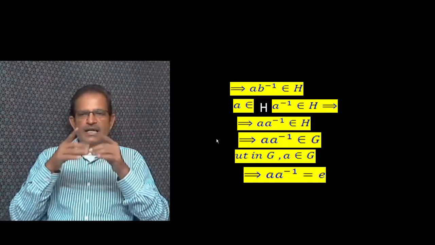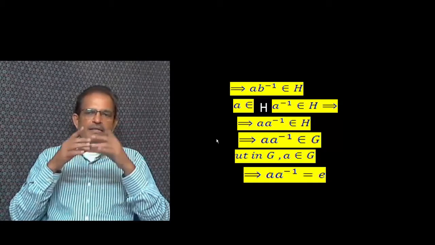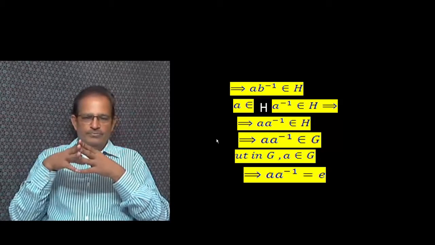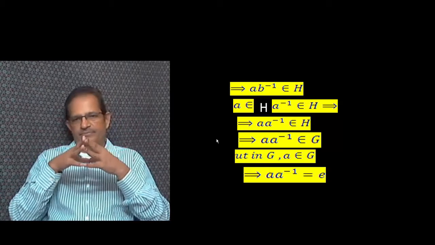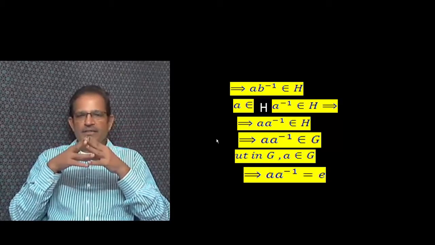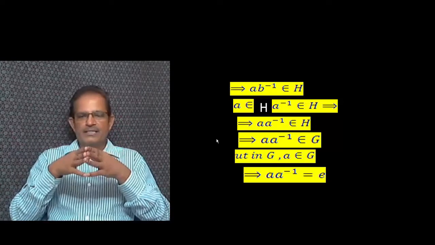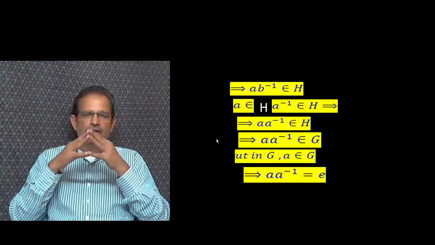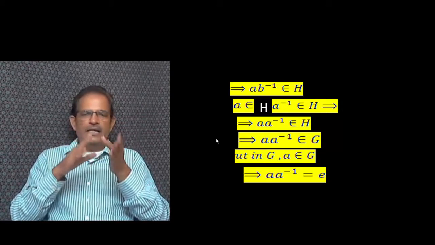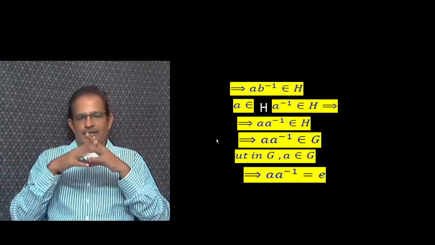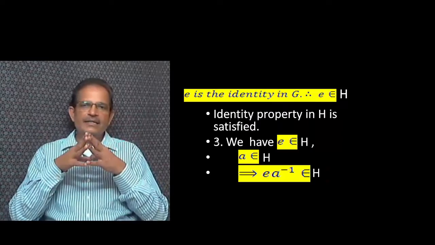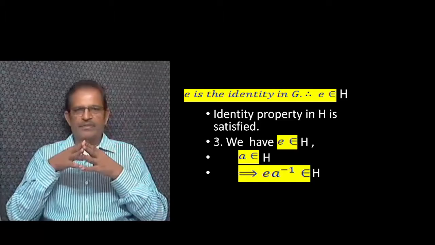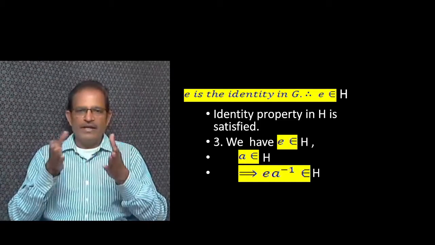So A belongs to H, A inverse belongs to H implies A A inverse belongs to H. But H is a subset of G, so A A inverse belongs to G. But in G, A belongs to G implies A A inverse is equal to E, the identity element. E is the identity in G. Therefore, E belongs to H. Identity property in H is satisfied.